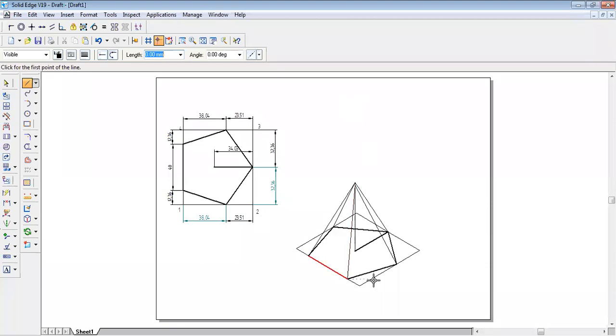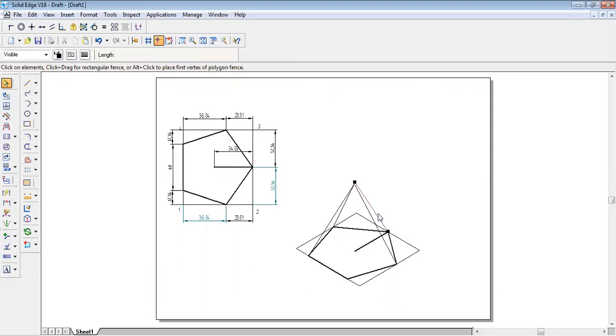This one is the fifth one. Now you can observe this as a pentagonal pyramid. The pyramid is very easy. From the center point, you measure the height, then you join all the corners.